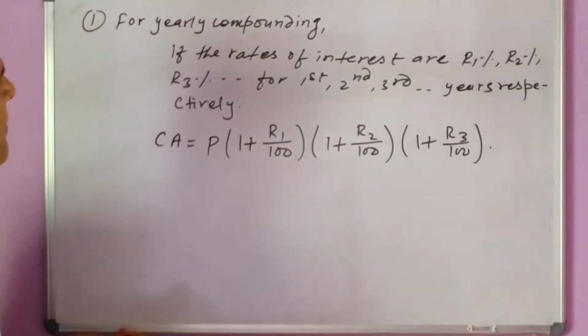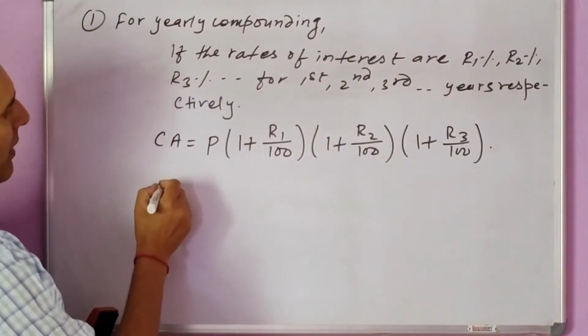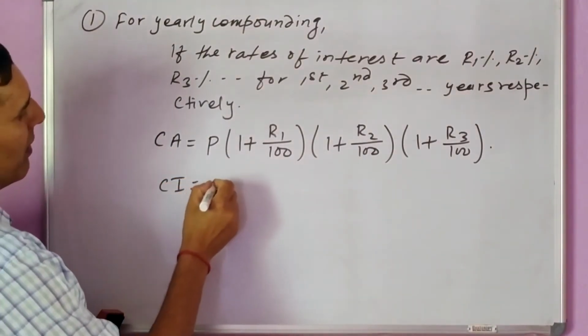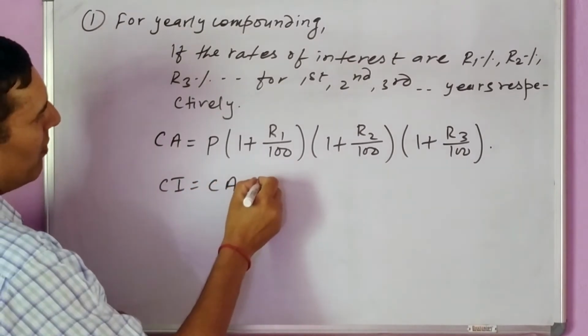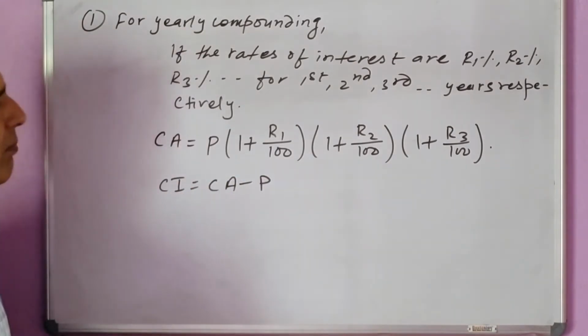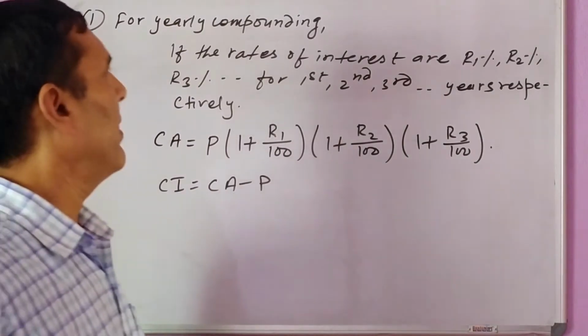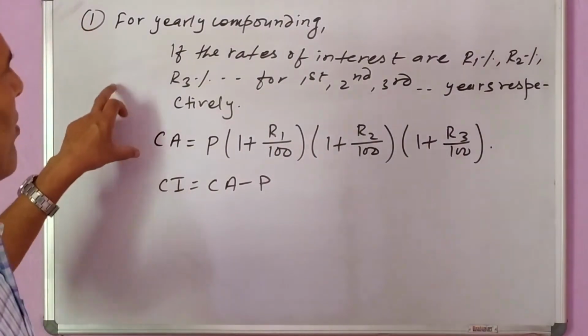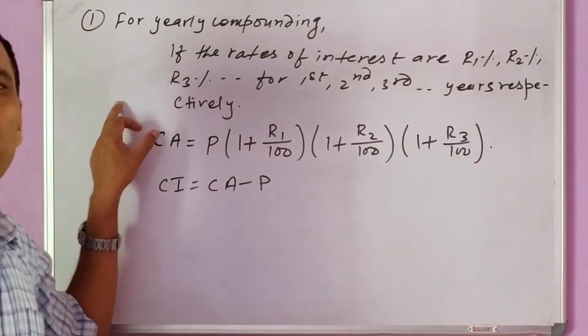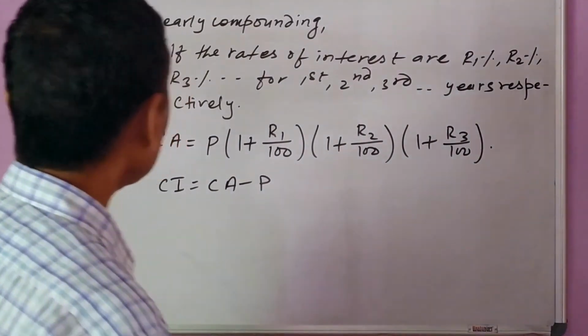And after having the amount, we can calculate interest by the formula compound amount minus principal. This is the formula when the rates of interest are different for different years.